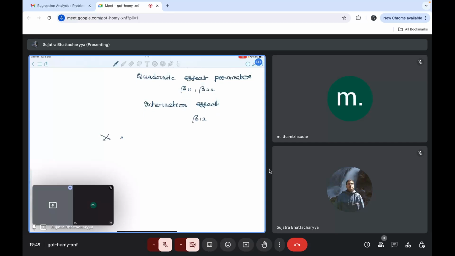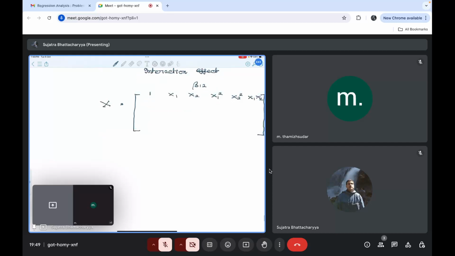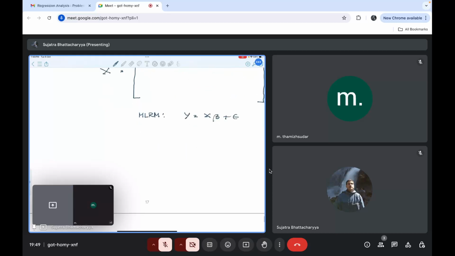Same way, the way we always used that. So 1, x1, x2, x1 square, x2 square, and the interaction x1 x2. This will be your x matrix. In the same way we do in the multiple linear regression model, we'll be doing the same, y equals x beta plus epsilon. And you know, beta hat will be x prime x inverse x prime y.